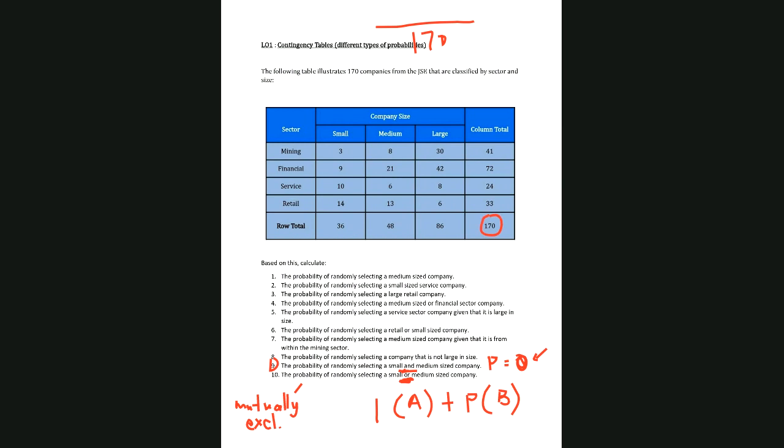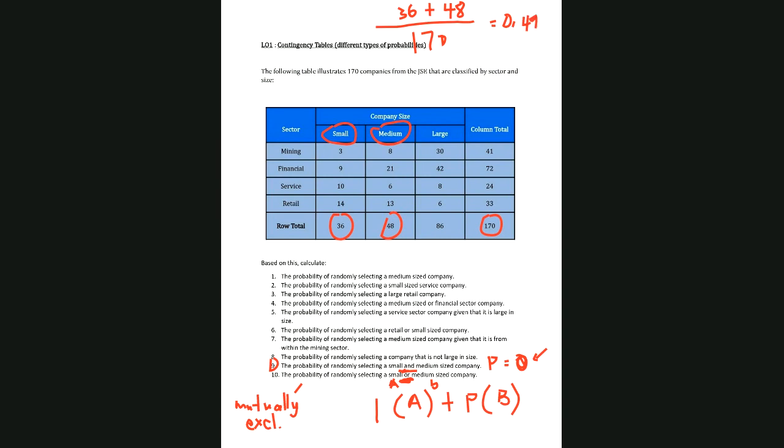And it's calculated by taking the probability of small, we'll make that A, and we'll make medium size B. So small company is 36, and a medium-sized company is 48. So 36 plus 48 over 170 would give 0.49.